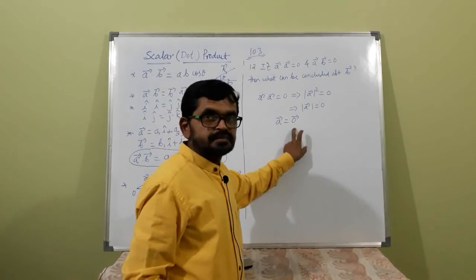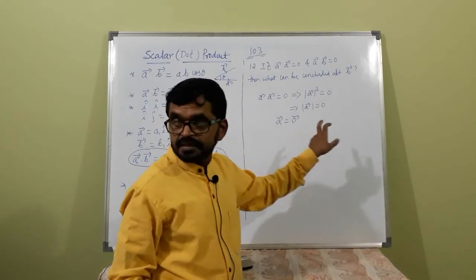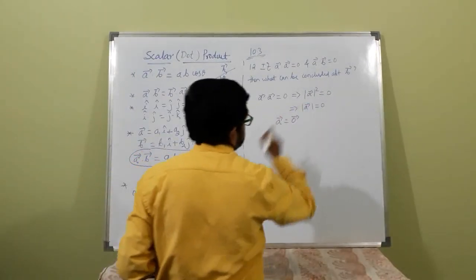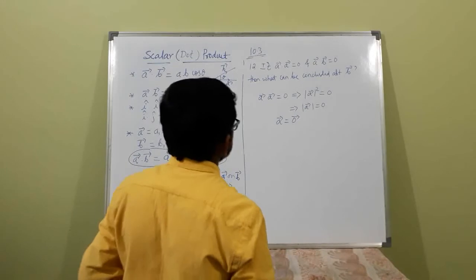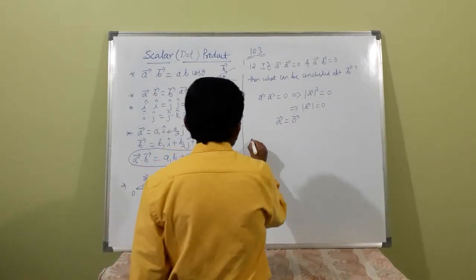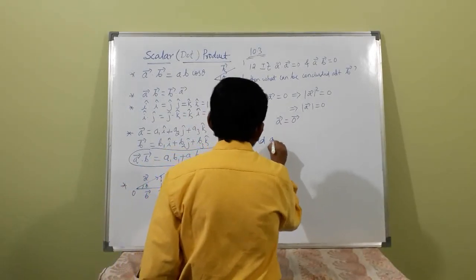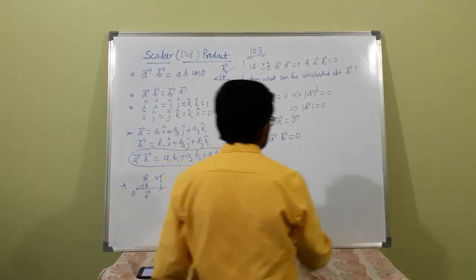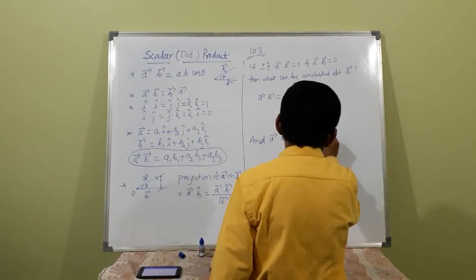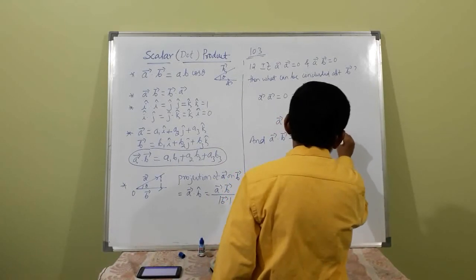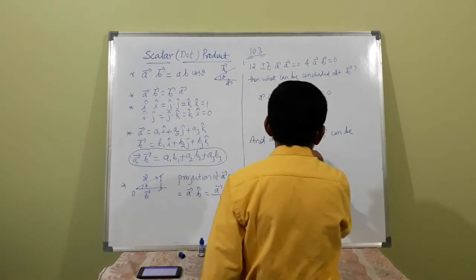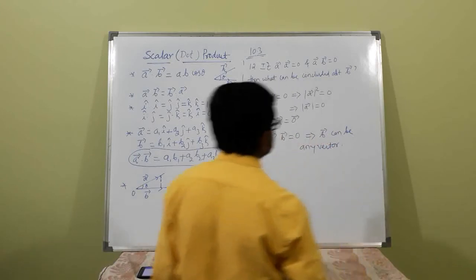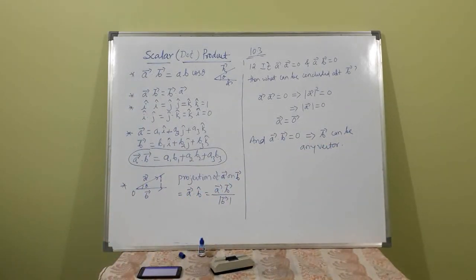It is a point where initial and terminal points coincide, whereas this is a scalar. And A dot B is equal to 0 implies B can be any vector, either 0 or non-zero. Okay, this is the conclusion.